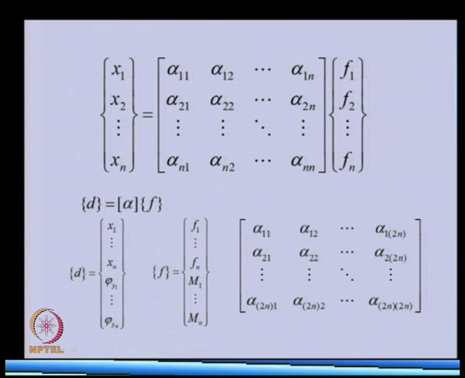So, this is the first equation we derived, then the second equation and the nth equation. So, we have kept this in a matrix form, and this is the displacement vector. This is the force vector, and this matrix, which in compact form we write as alpha matrix, is the influence coefficient matrix.